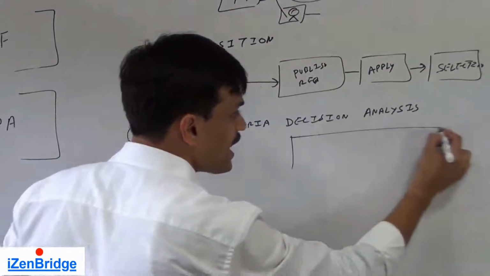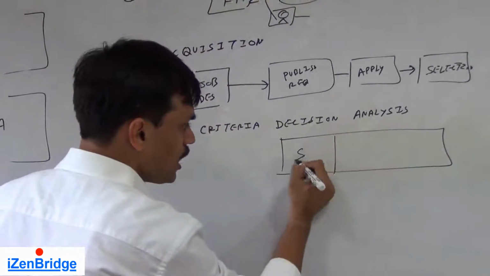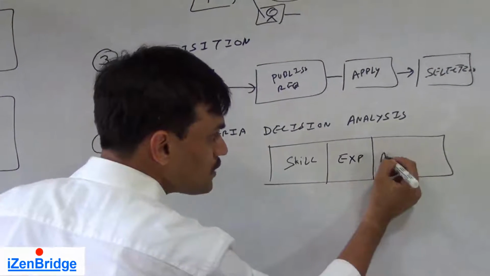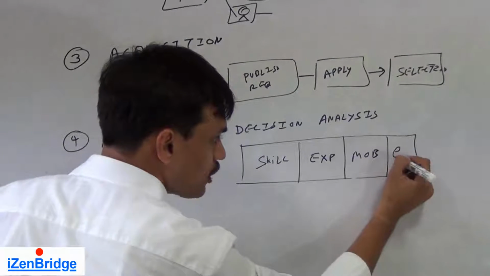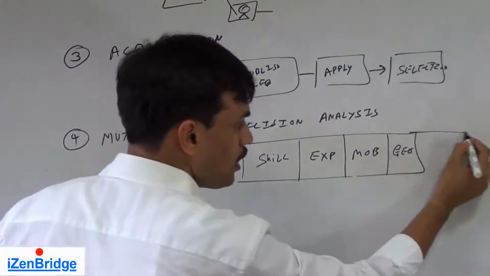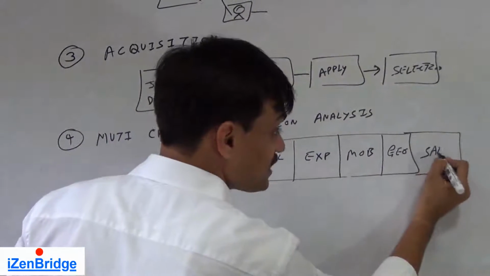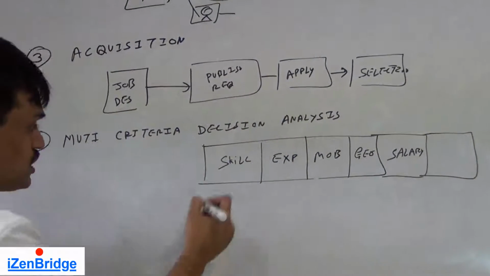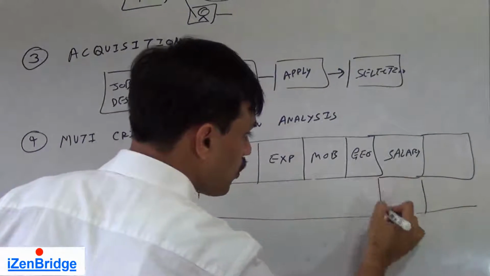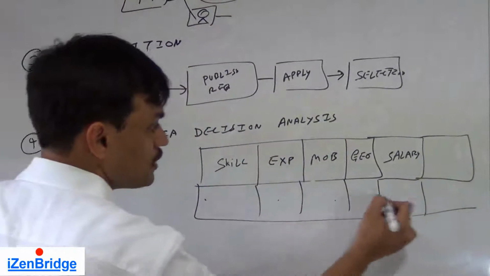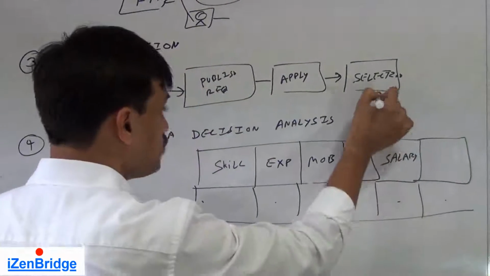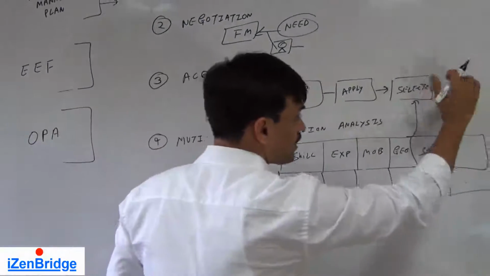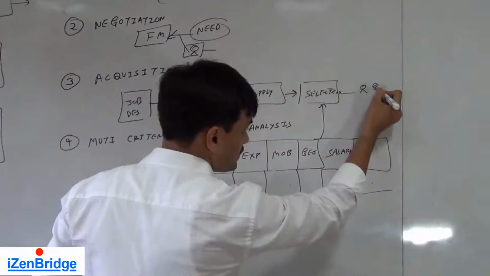For example, you may have criteria like skill, experience, how mobile the person is, which geography he resides in, what kind of salary expectation he may have, etc. So these criteria may play a role in selecting the people, and this is used in conjunction with acquisition. And after it, by an acquisition route, you will have people selected.